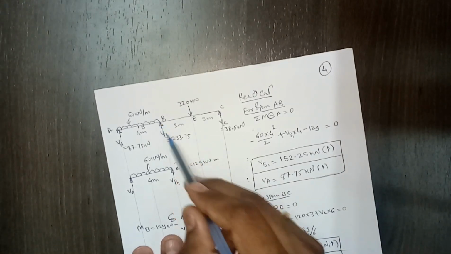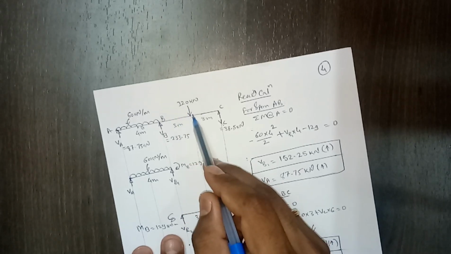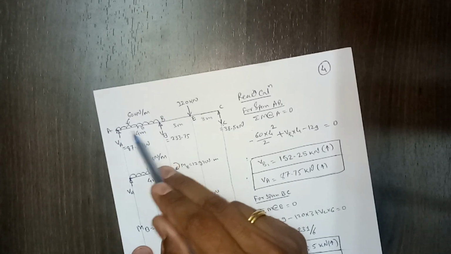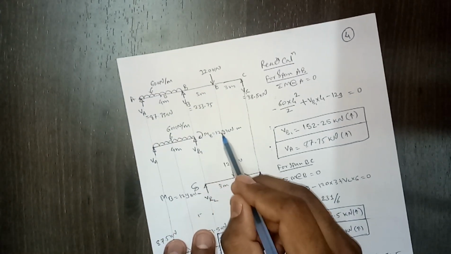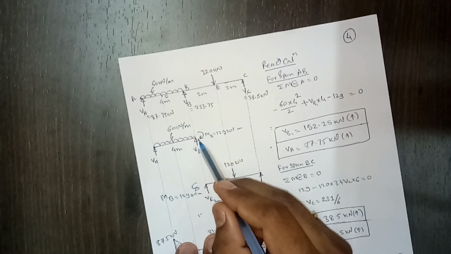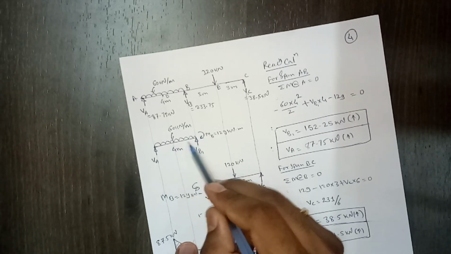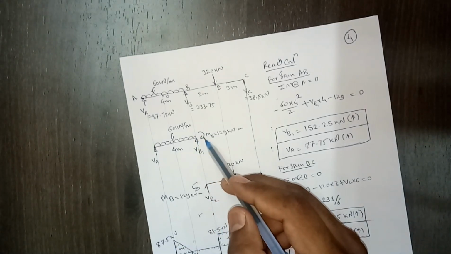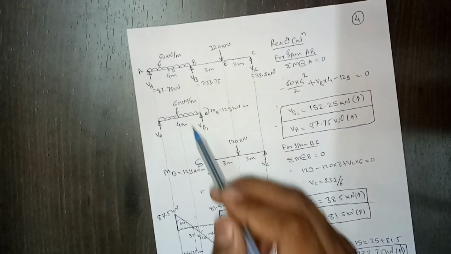In the free body diagram, you have to show what are the moment or force that will be exerted by this span on this span while drawing the free body diagram of this span AB. So definitely this moment is MB. We already calculated that moment, which is negative, so it will be a hogging moment. So a hogging moment for AB at B support will be a moment in clockwise direction, and then the remaining things will be as they are.